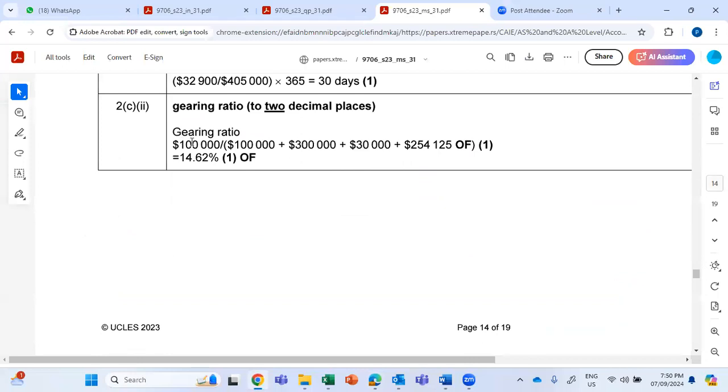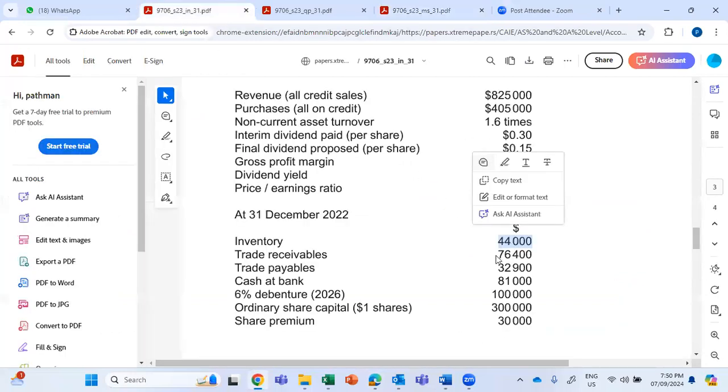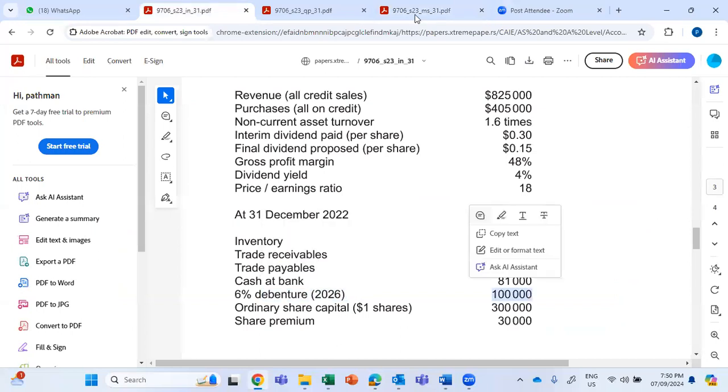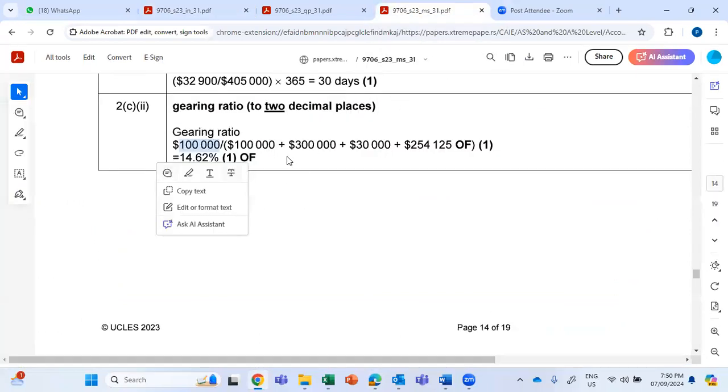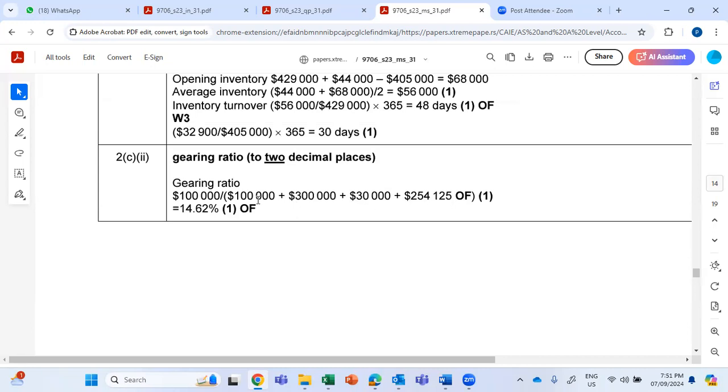The non-current liability is 100,000, coming from here, the debenture. Divide by equity plus non-current liability.